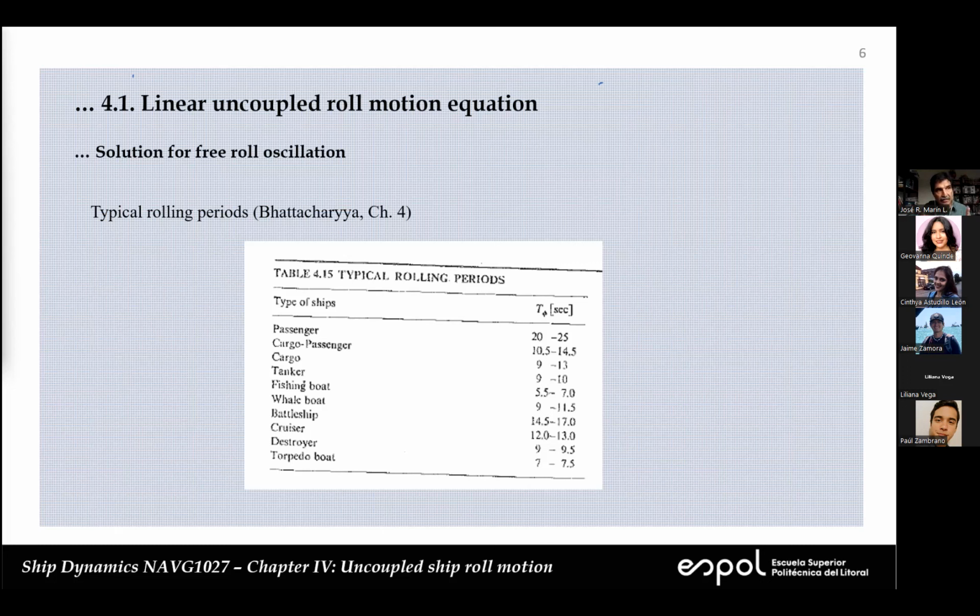That angle is an approximation of the amplitude of the response of the ship in roll when the ship receives waves from the beam. It's in there in a very simplified way.